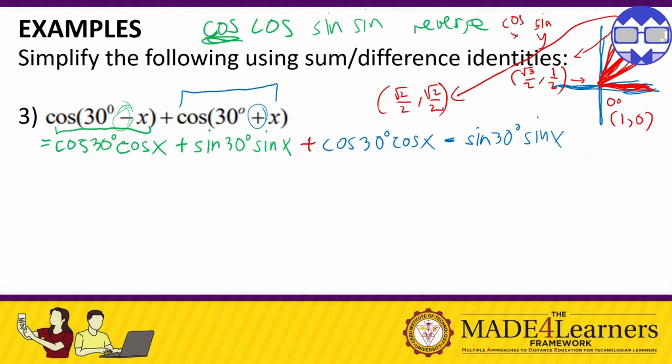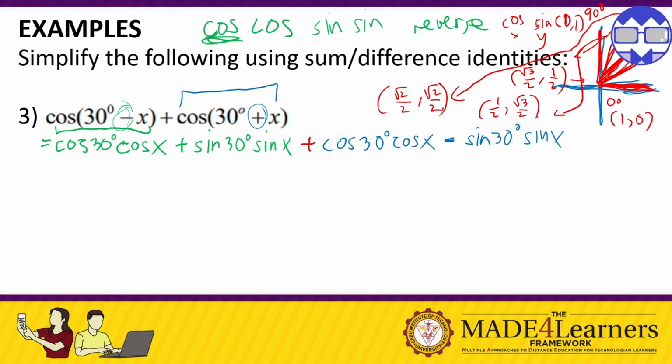Instead of square root of 3 over 2 and 1/2, for 60 we have 1/2 and square root of 3 over 2. Then we have 90 degrees. For 90 degrees, it becomes 0, 1.